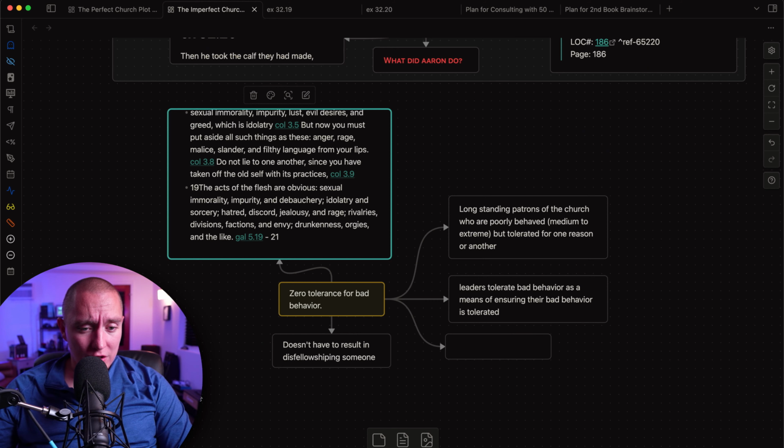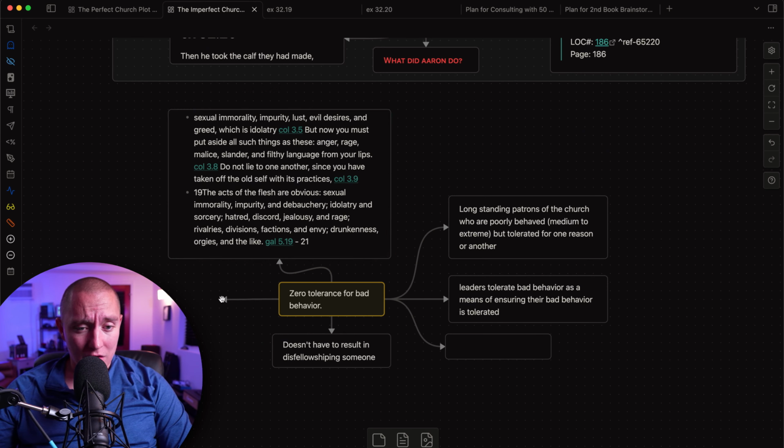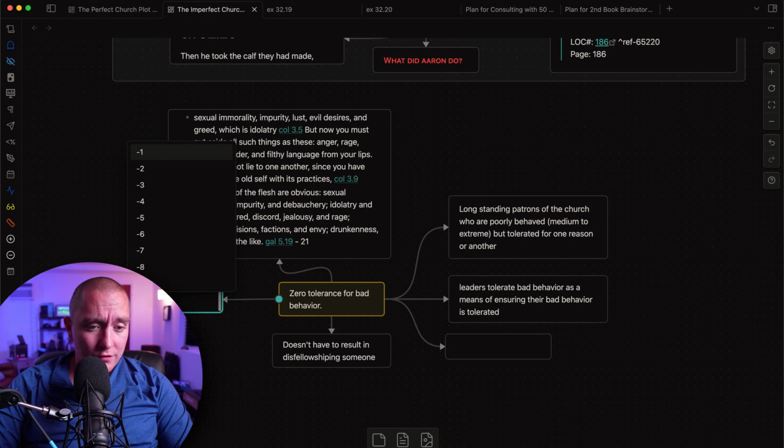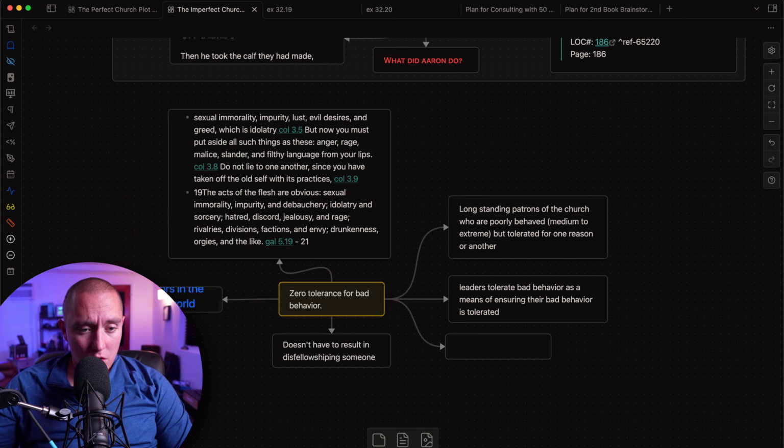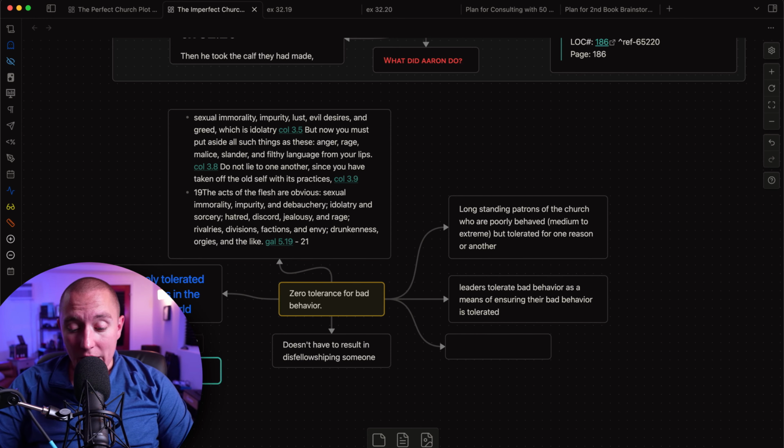I think there are largely tolerated bad behaviors in the Western world. So let's do this as well. Largely tolerated behaviors in the Western world. So I think the biggest example, and this is kind of a hot take, I think, yeah, this is going to be a bit of a hot take maybe, but the number one example in my mind is actually lying.